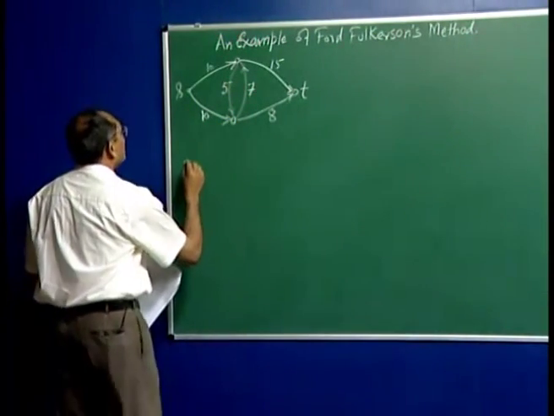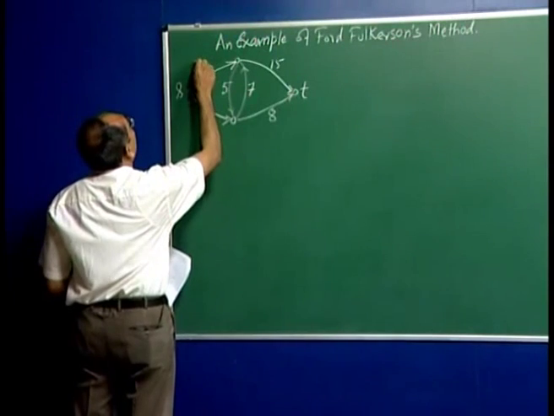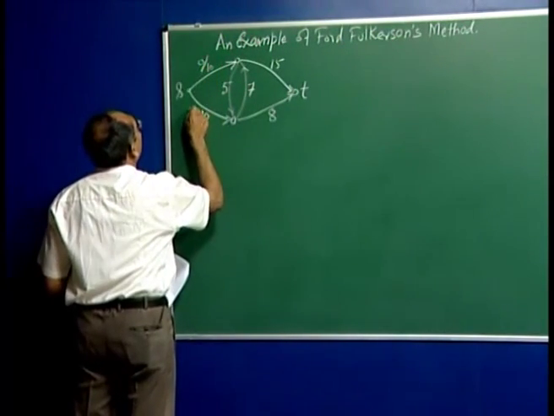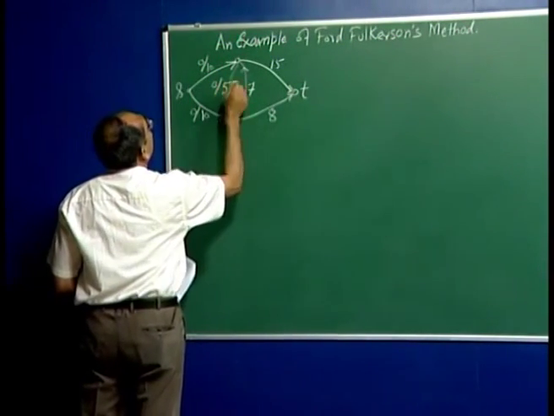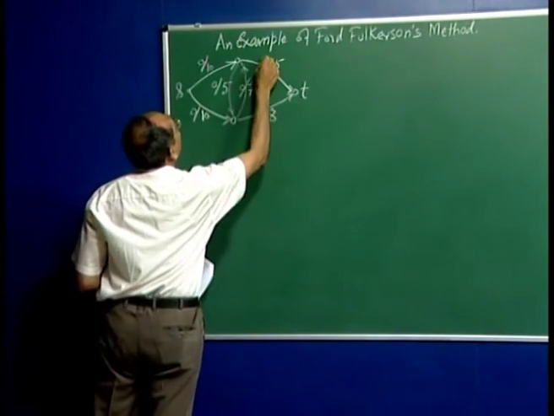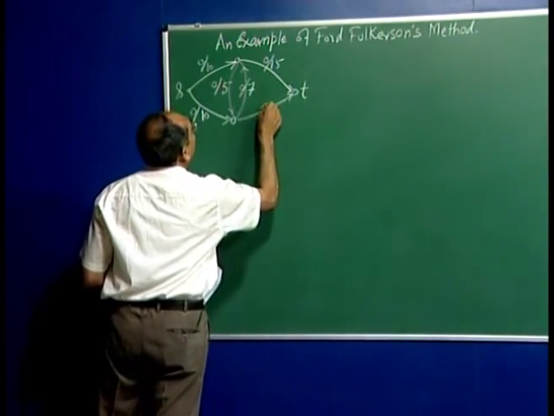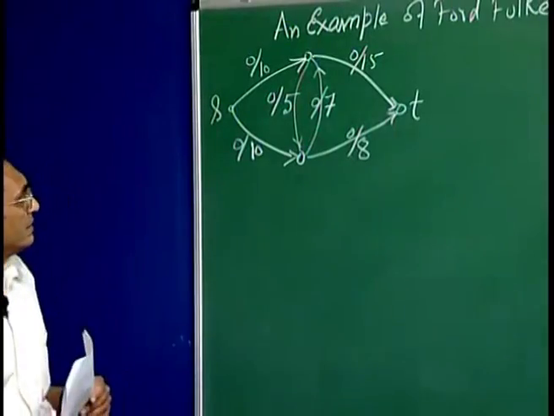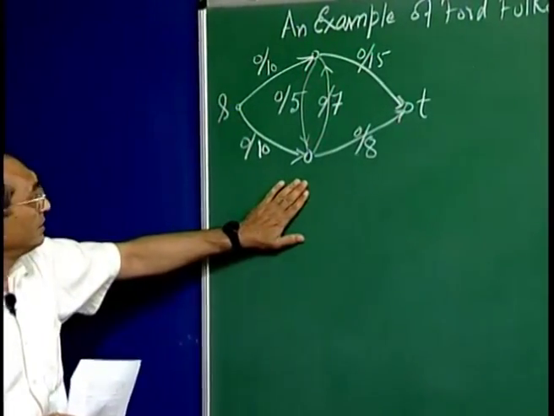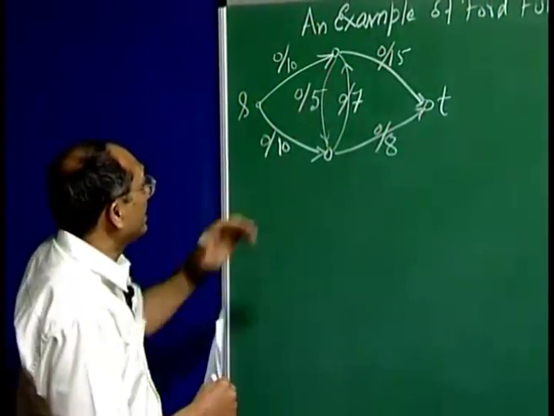So we have values 0 out of the given capacity on each of the edges. Hence, the residual graph is precisely the initial network.